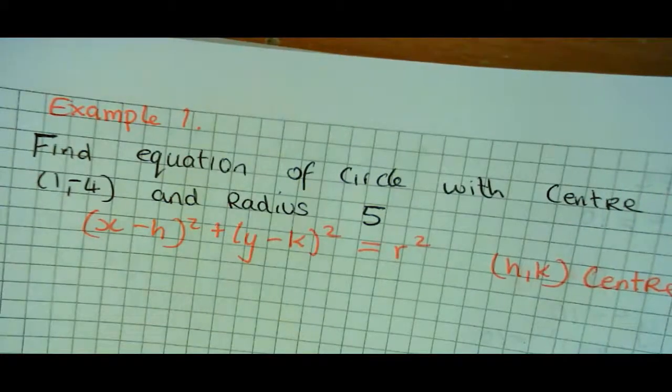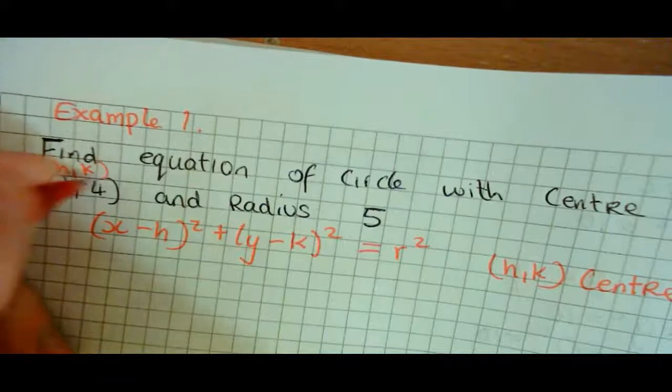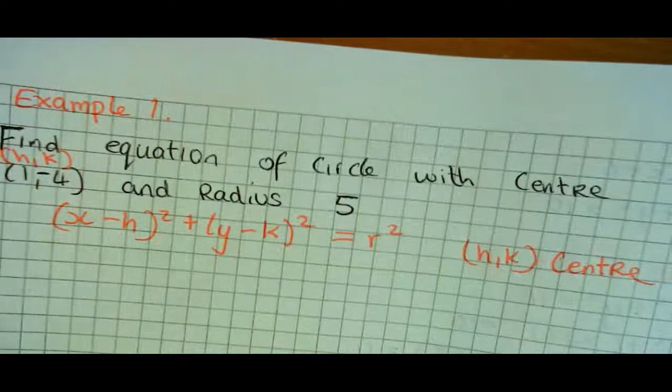Okay, so subbing in then, you know this is h and this is k. So subbing into that formula then, so again it's all about subbing in, so it's not mad difficult.